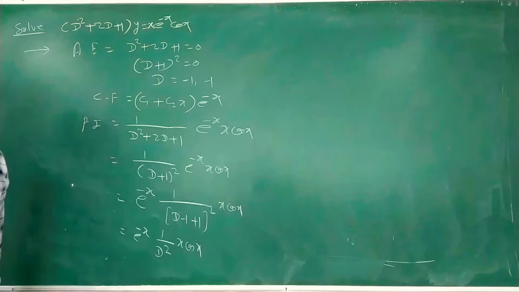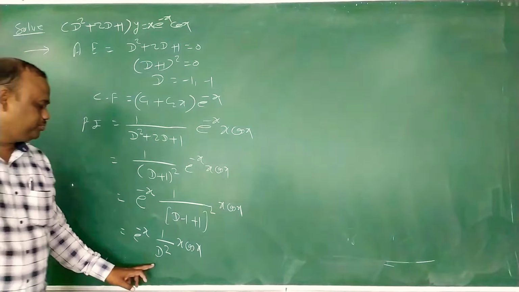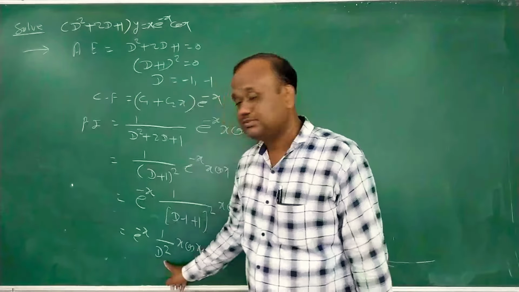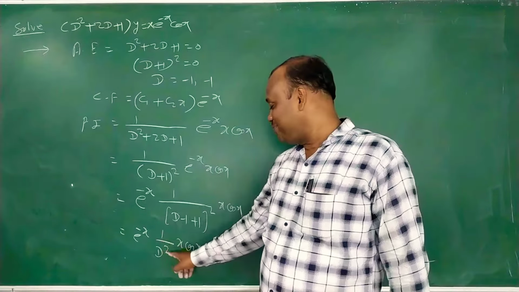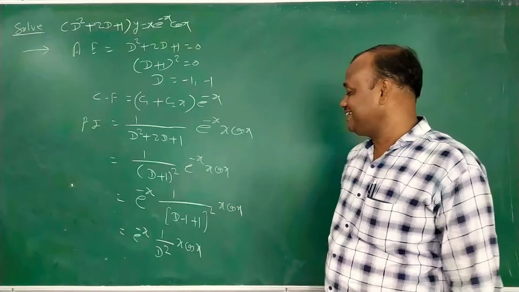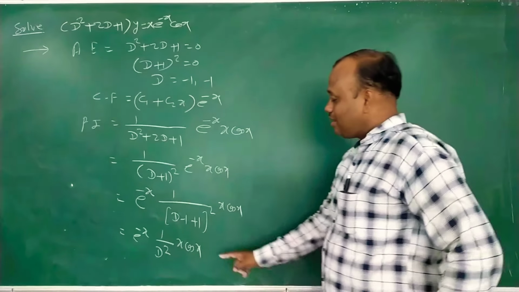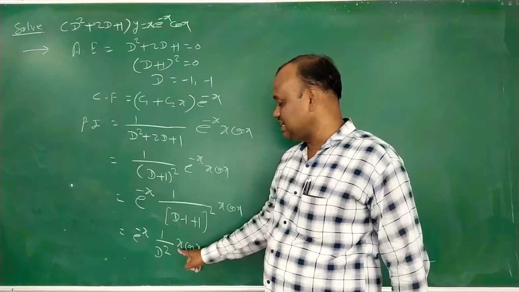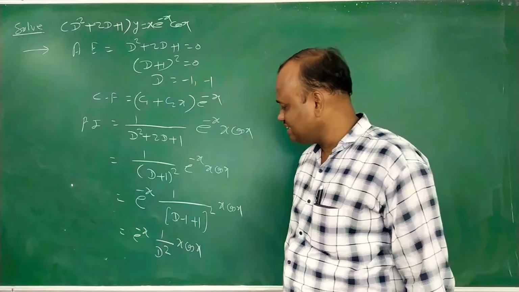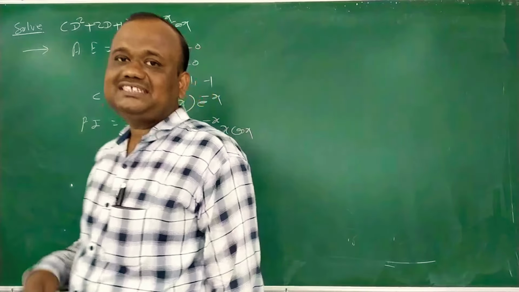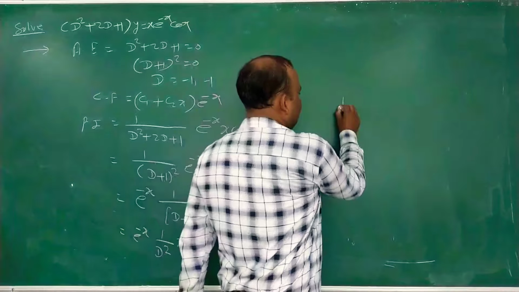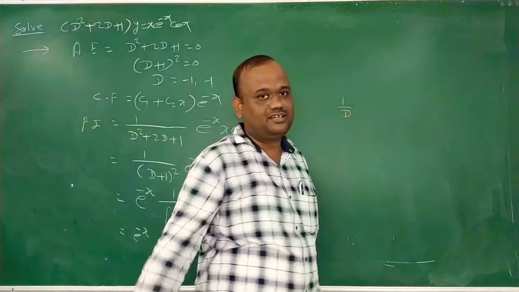Now how far do we have to find PI? Until the D is gone. Okay, so we have 1/D² into x cos x. Here how to write the next step? We can use two methods here. First one is the x into v method, and the second one is, if D is the differential operator, then what is 1/D? 1/D is the inverse operator.